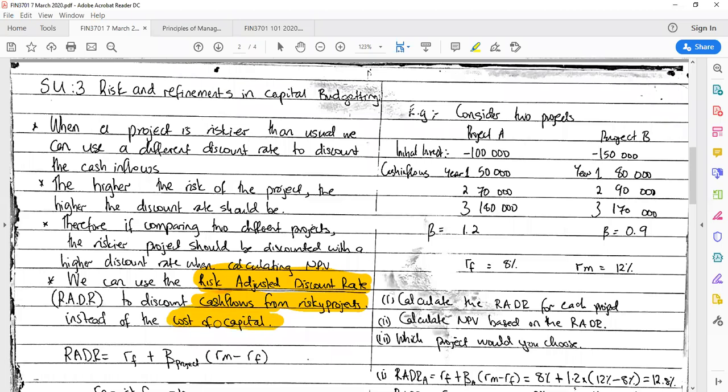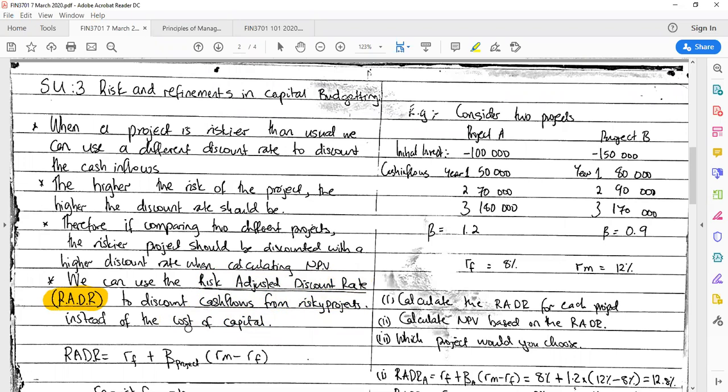So let's say you have a risky project and it's riskier than the projects you usually do as a company. If you want to calculate the NPV of that project, you have to use what we call the risk-adjusted discount rate. You can't use the ordinary cost of capital. So you need to use the risk-adjusted discount rate to discount the project. So this is to compensate for risk.